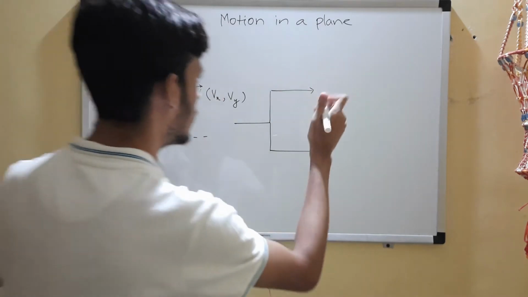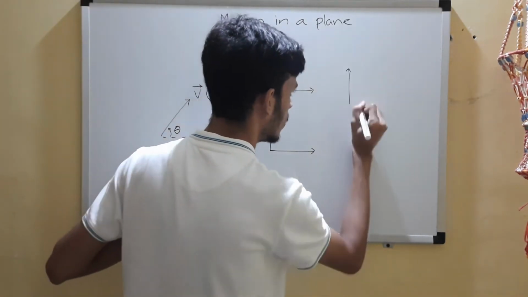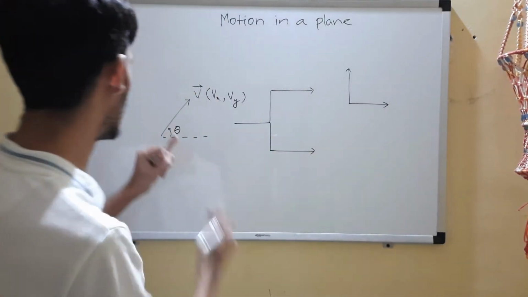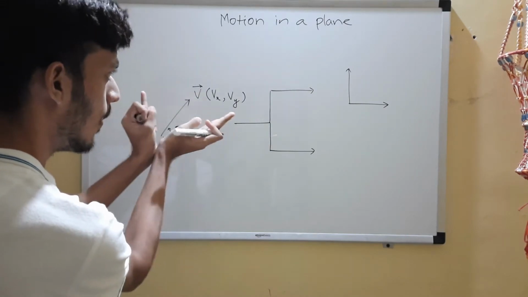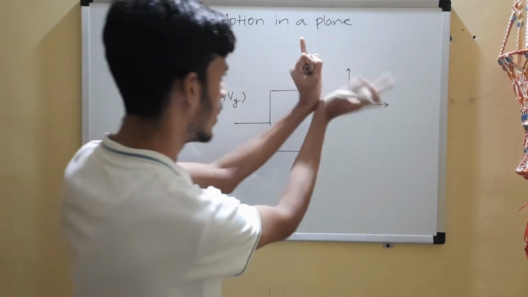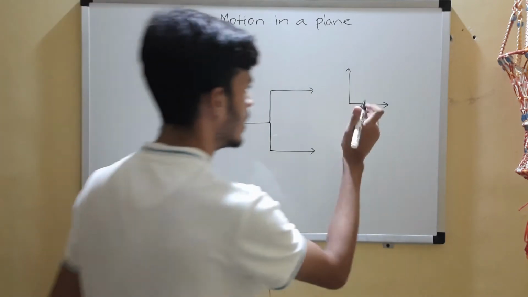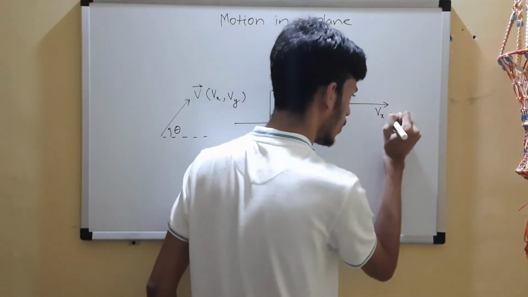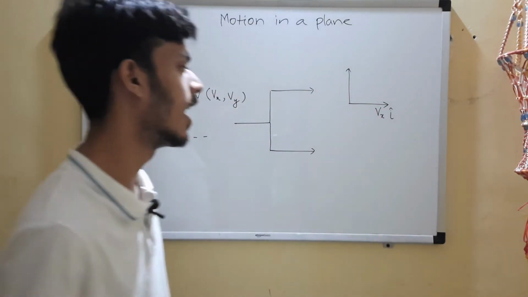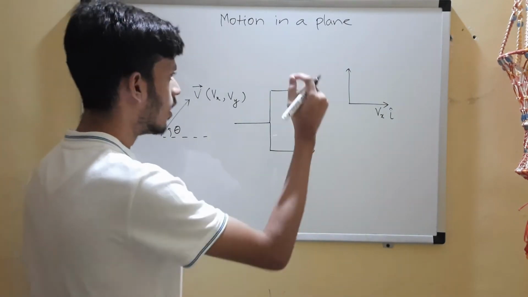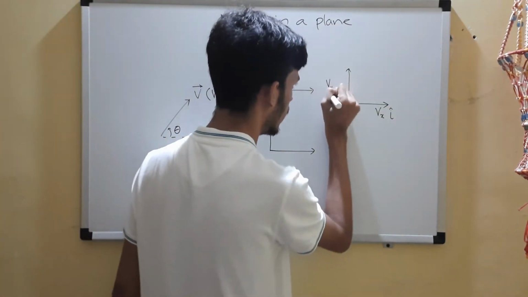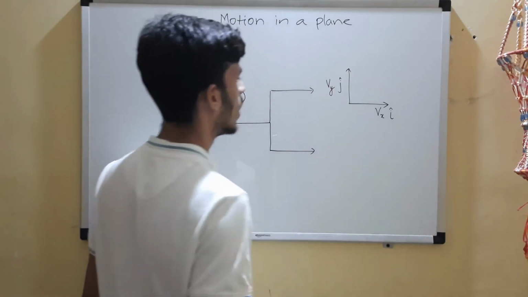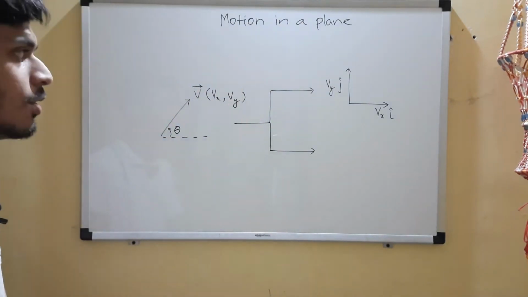Let's resolve it in ijk first. You'll break this vector into two perpendicular components. This is vx, of course along the x-axis, so i cap comes, and this is vy, along the y-axis, so j cap.